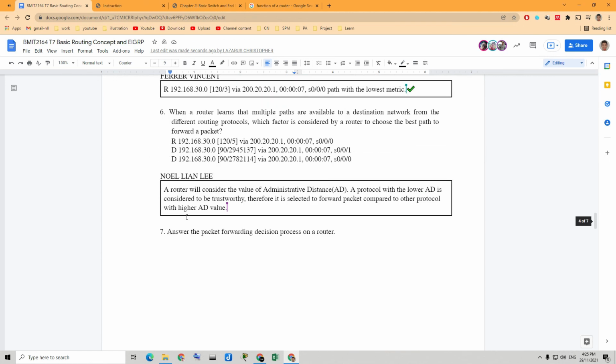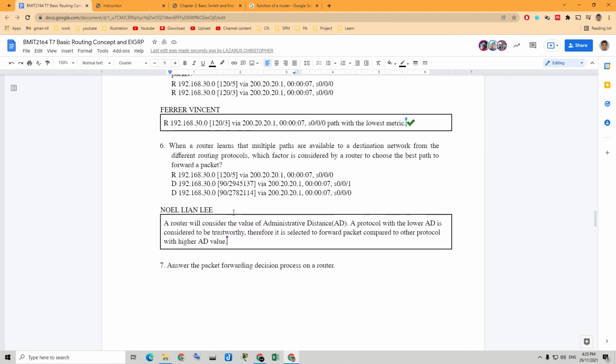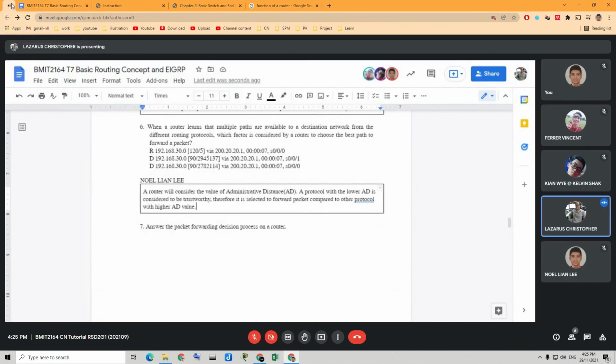So when a router learns that multiple paths are available to a destination network from different routing protocols, which factor is considered by a router to choose the best path to forward a packet? A router considers the value of different routing protocols. Correct, so then you have to choose AD.